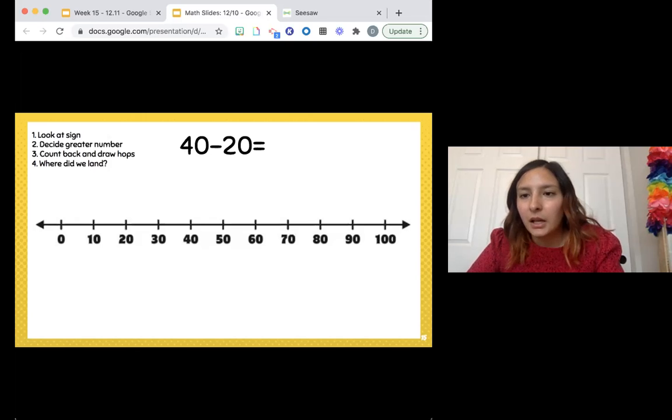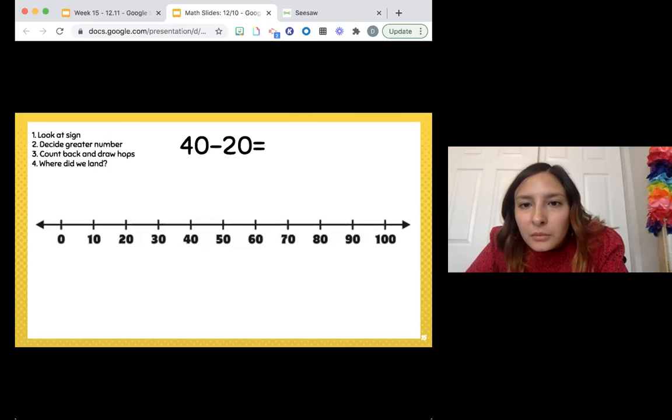I see that Aiden is working on his number line, solving the equation. Mark is working on solving the equation. Fabrizio is working on solving the equation.